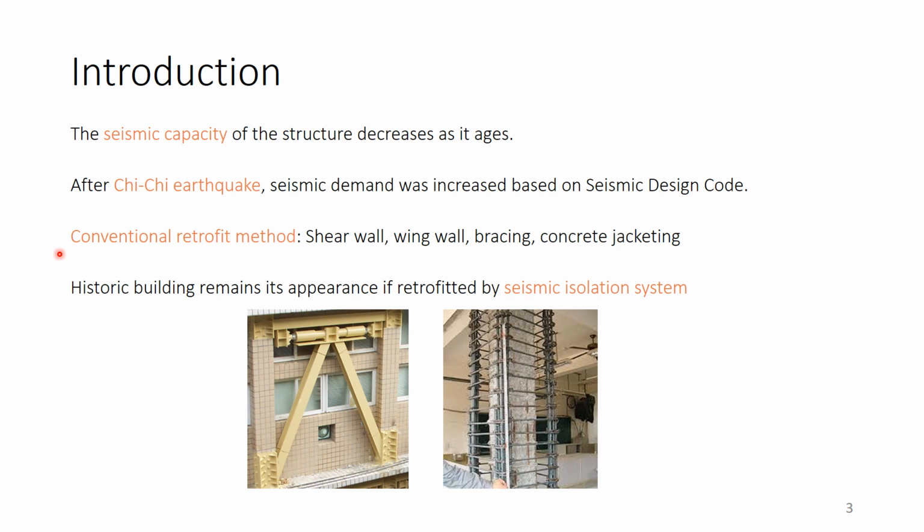However, these kind of conventional retrofit methods may change the structure's appearance. So actually for historic building, these kind of method is not suitable. So the seismic isolation system is introduced in my thesis and used to retrofit the building.